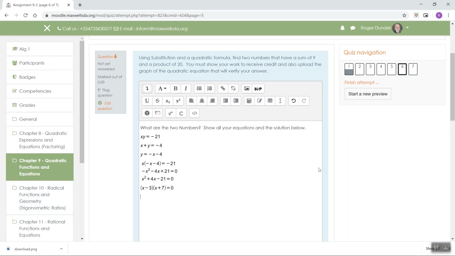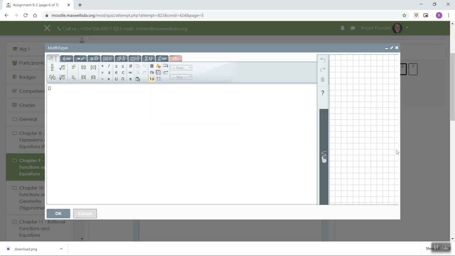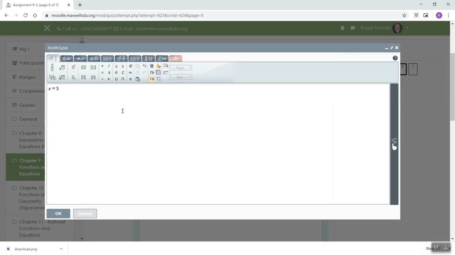Then we'll say x equals 3 or x equals minus 7. It doesn't like my or, so I'll have to do it here. So x equals 3 or x equals minus 7.